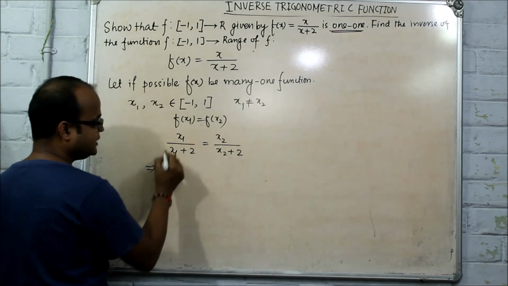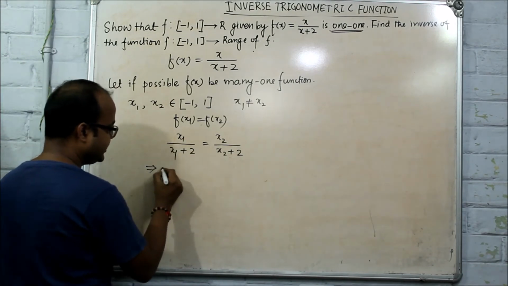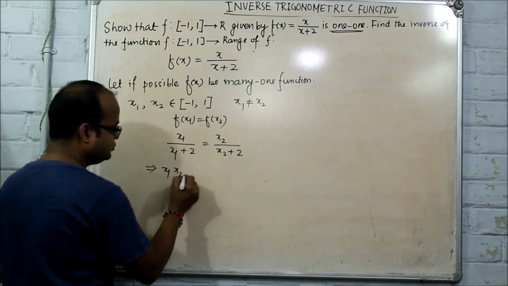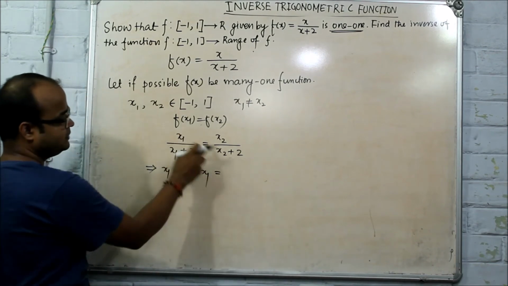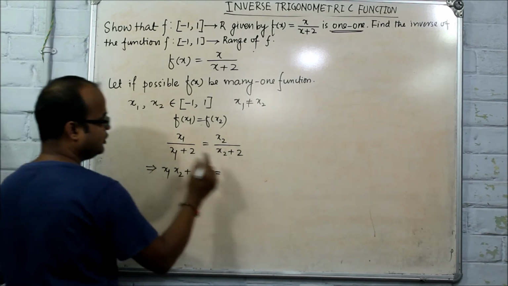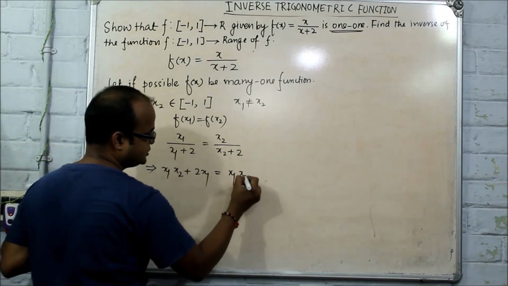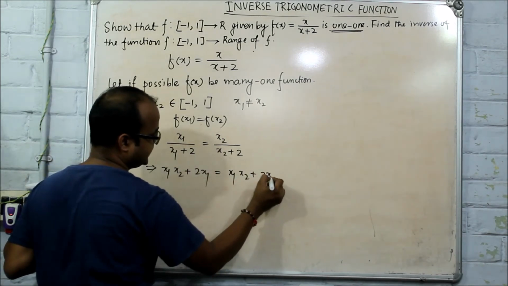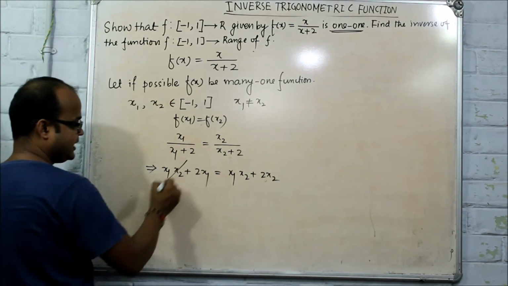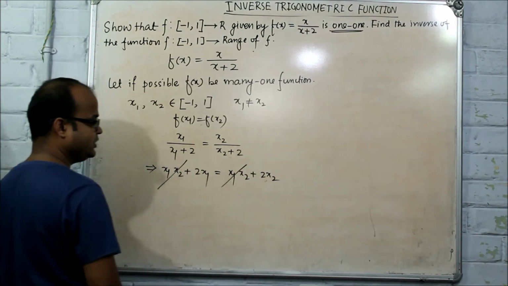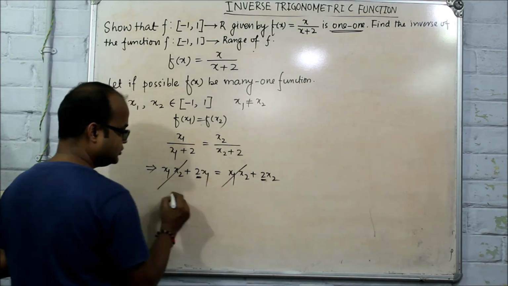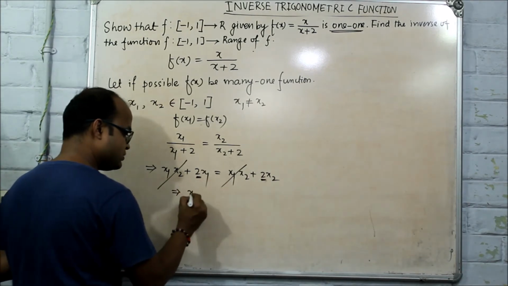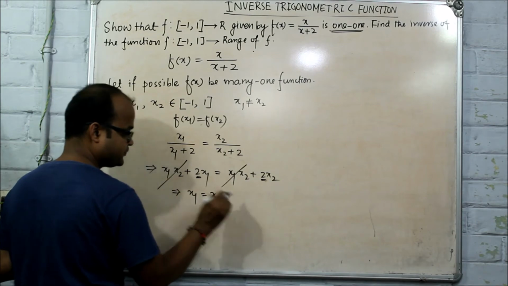So if you apply the cross multiplication, you will get x1x2 plus 2x1 is equal to x1x2 plus 2x2. Now x1x2 and x1x2 will get cancelled. So it implies x1 is equal to x2.